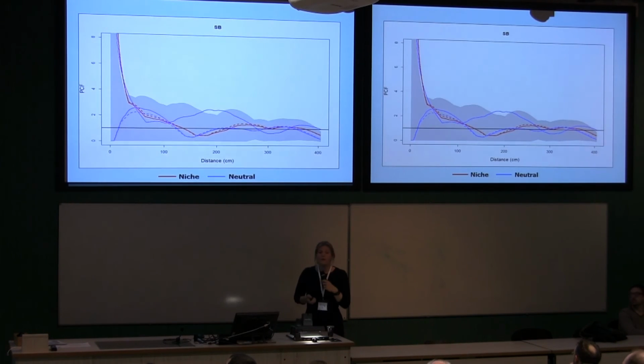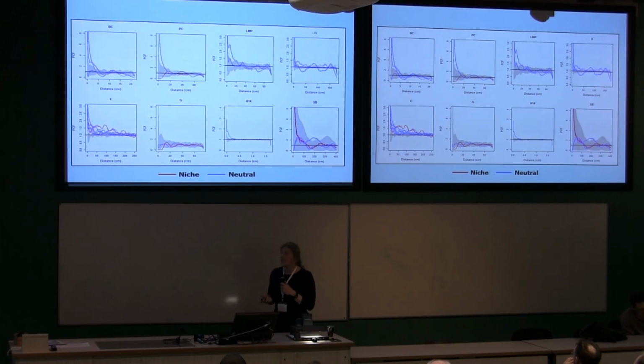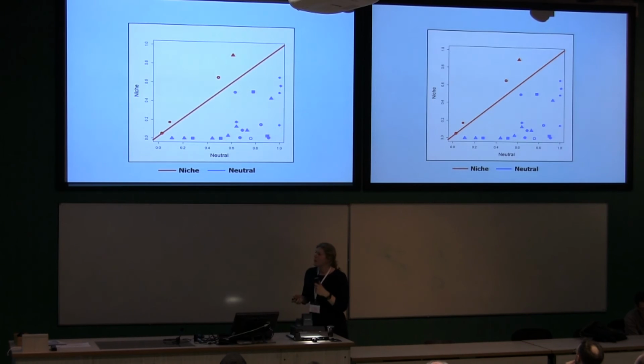And we can do this for all the different taxa. Each line corresponds to a different taxon. I've marked out red where a niche model is the best description, and blue where it's a neutral model. And what we find when we combine all these data sets together is that, just looking at this, it's very much dominated by neutral models. You have very few instances where the environment's playing a large role in the life of the species.